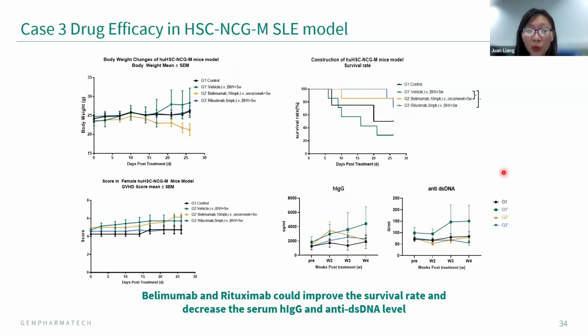And when we look at the serum parameters, the IgG and anti-double-stranded DNA levels, the drug treatment groups, as indicated here, can also reduce the IgG level and anti-double-stranded DNA levels. So those two drugs show beneficial efficacy in this model.